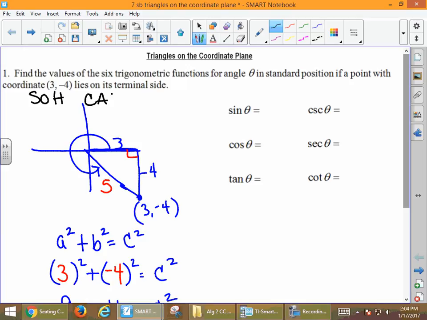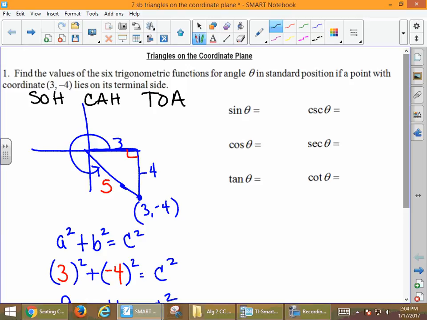Cosine is adjacent divided by hypotenuse. Tangent is opposite over adjacent. Now, some of you have even told me I hated trigonometry, and hate was the word, I think, in geometry. But let me try to help you understand it a little bit more.